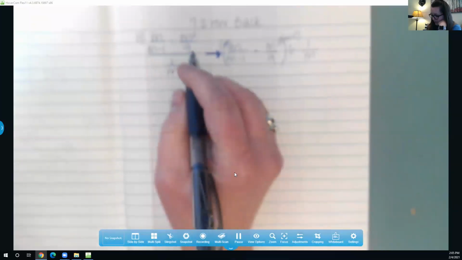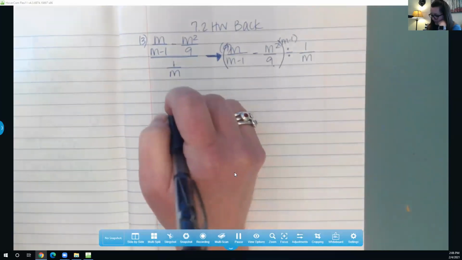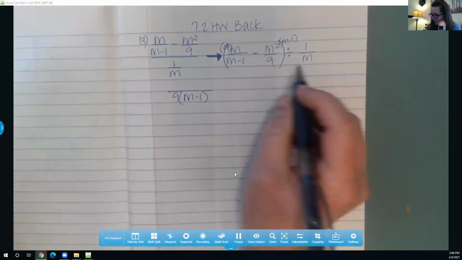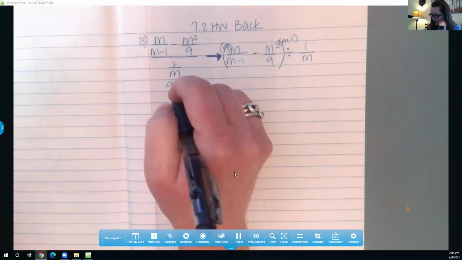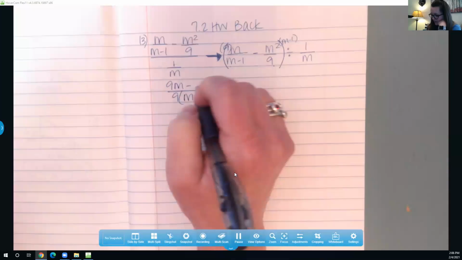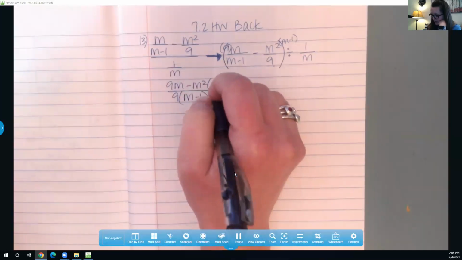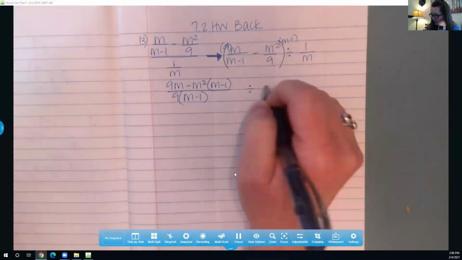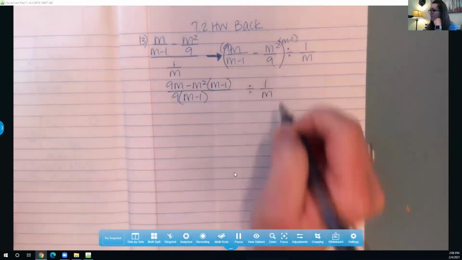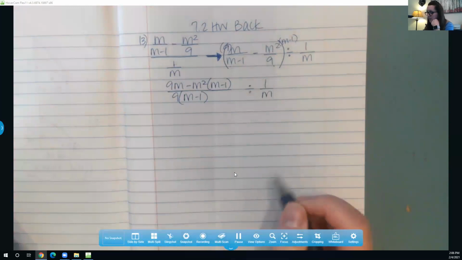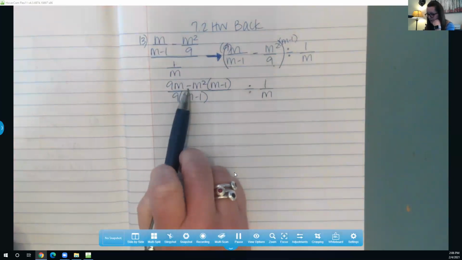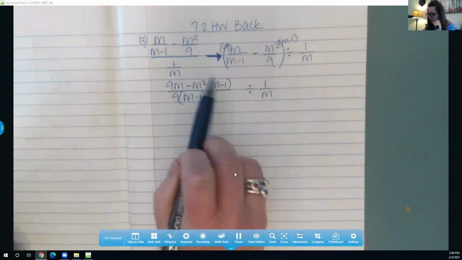So in my denominator, we should have 9 and m minus 1. In our numerator, we should have 9m minus m squared times m minus 1, and then divided by 1 over m. So let's think about this, because when we're subtracting here, remember, we need to distribute this first.